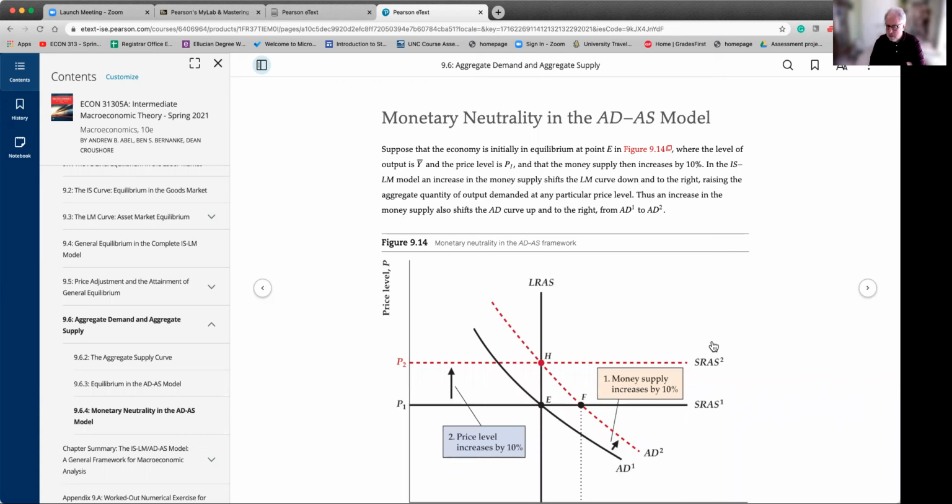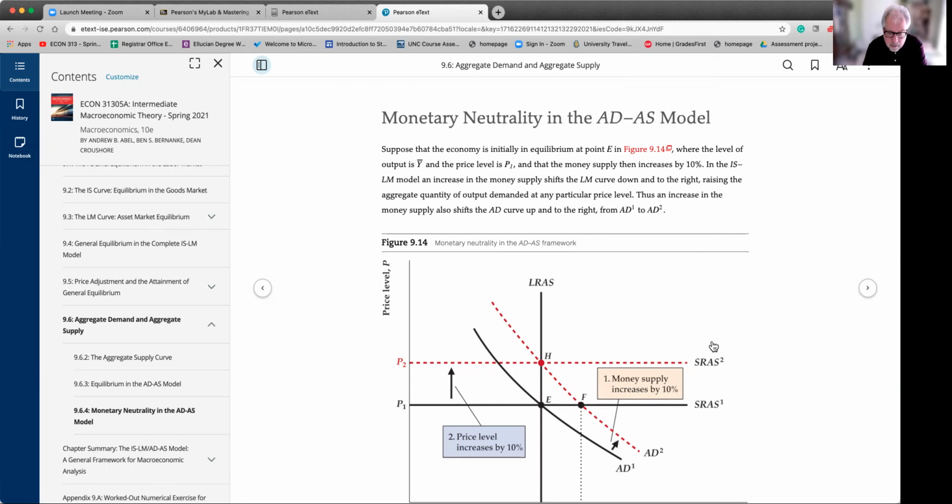Not all fiscal policy changes aggregate demand. You could have changes in government spending that affect not only aggregate demand, but also aggregate supply. If it's spending on, for example, infrastructure, if it's spending on new technology, that sort of thing, that could ultimately shift the production function and shift the longer aggregate supply curve to the right as well.